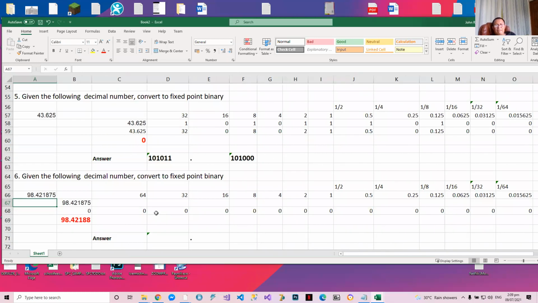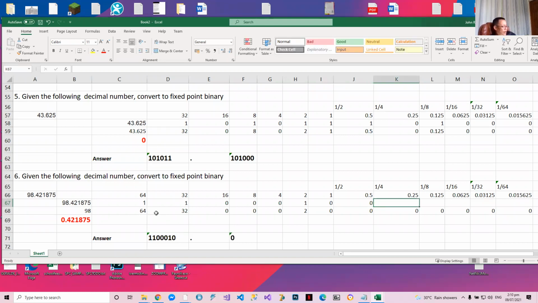We follow? Okay. We start our pick and mark. We can pick 64 because it's smaller than 98. What's left is 34. 34, we can pick 32. We're left with 2, so therefore we can mark all these. 2, we can mark it as 1. 4.21, so 1 is not marked. 0.5 is not marked.